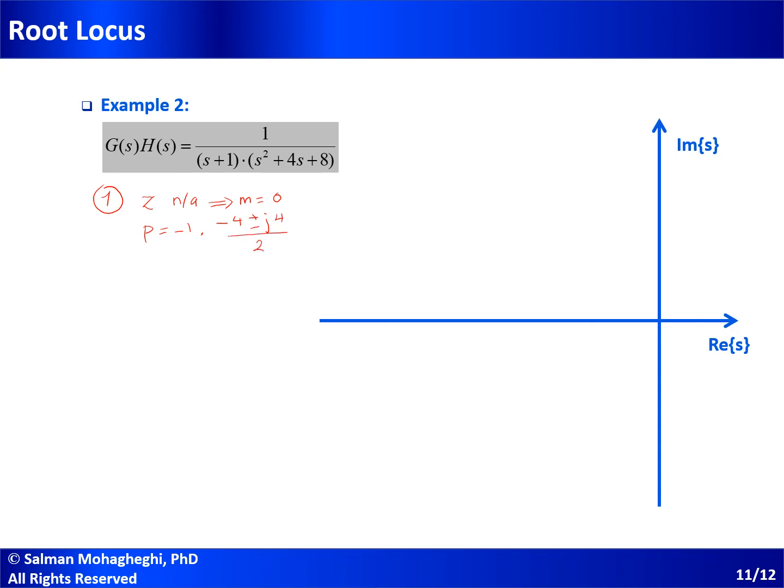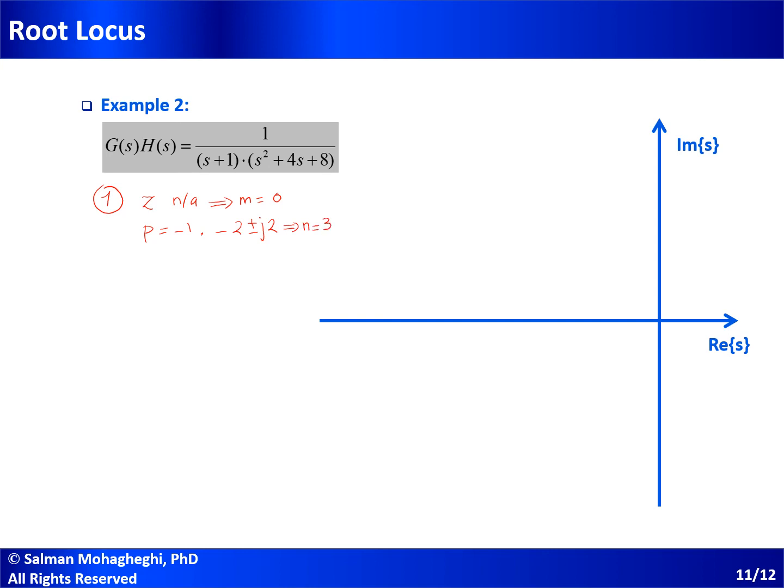Perhaps it would be better to simplify this as -2 plus minus j2. I have 3 poles, so the order of the denominator is going to be 3.